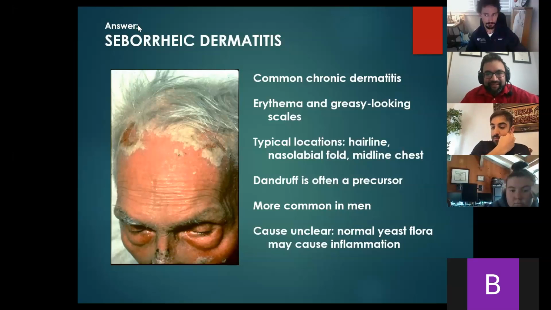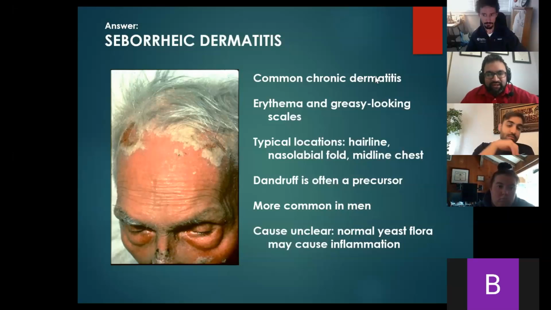Okay. You're welcome. So seborrheic dermatitis, very important condition. You have erythema, greasy-looking scales, typically hairline, nasolabial fold. What's nasolabial? Anybody tell me nasolabial? Midline chest, dandruff is a precursor, more common in men.